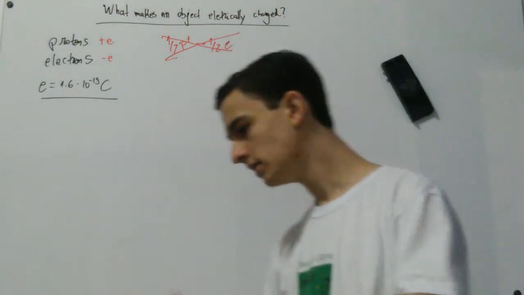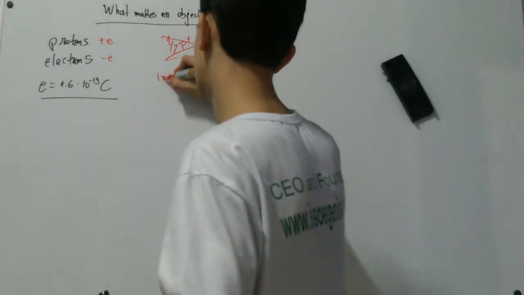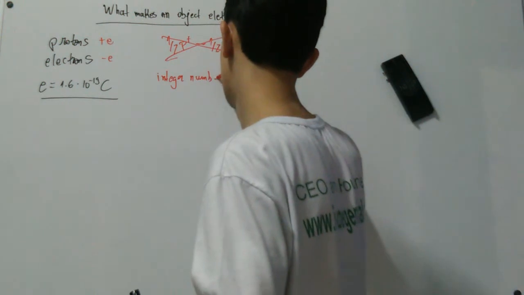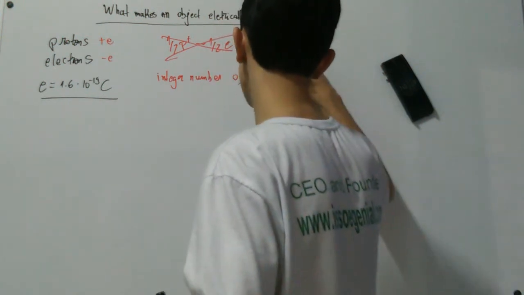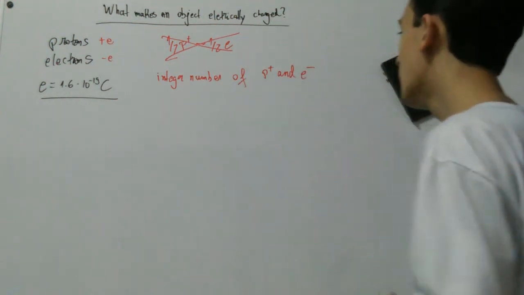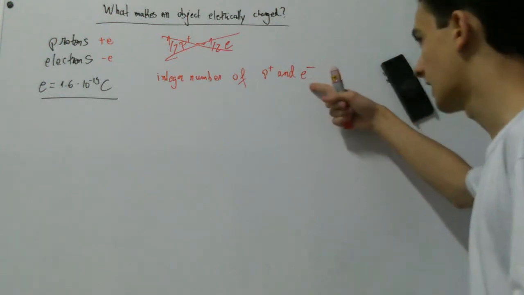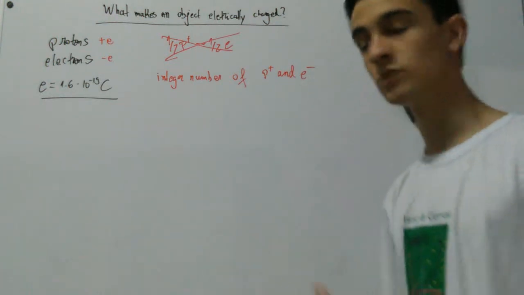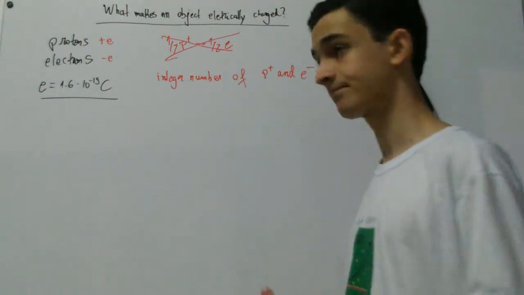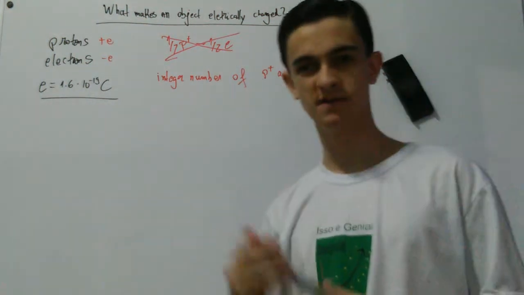So when we consider the charges, we always have an integer number of protons and electrons. You have one proton, two protons, three protons, and one electron, two electrons, three electrons, and so on. So the number of protons and the number of electrons are always integer numbers. And with this we can calculate the charge of something.